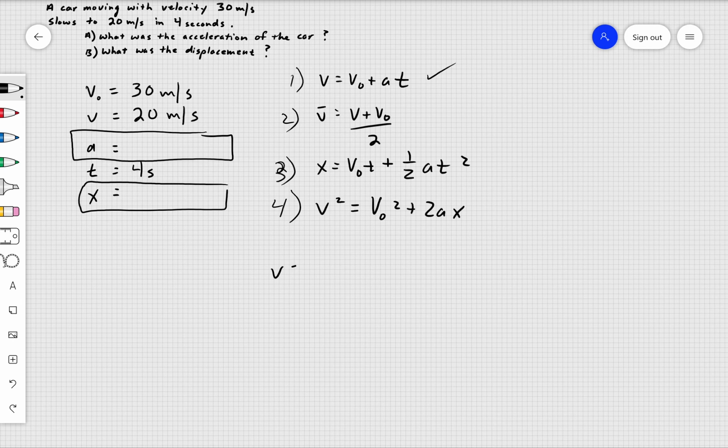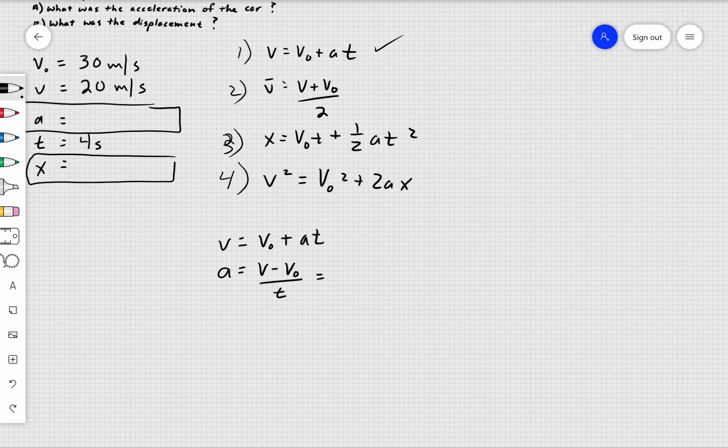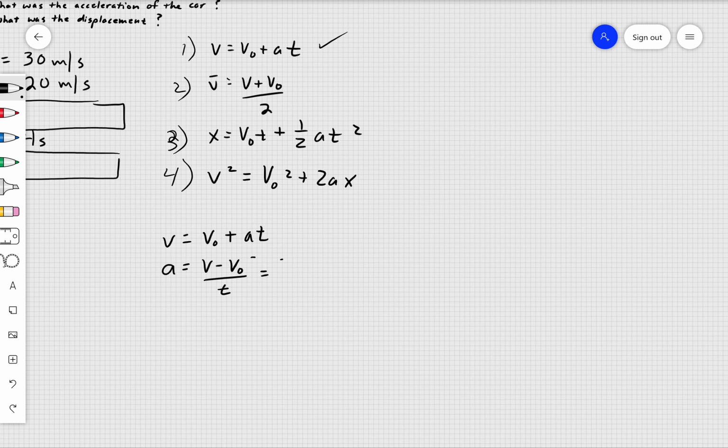V is V naught plus AT. I will rearrange this equation to solve for acceleration, and I get V minus V naught over T. What do you know? A is delta V over delta T. The final velocity is 20, and the initial velocity is 30, and the elapsed time was 4 seconds.